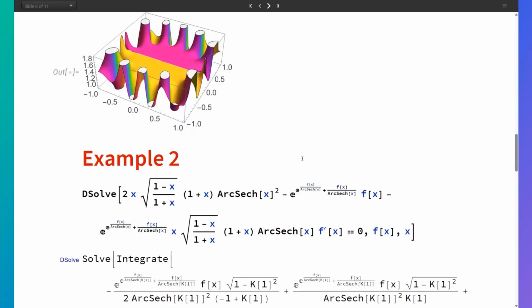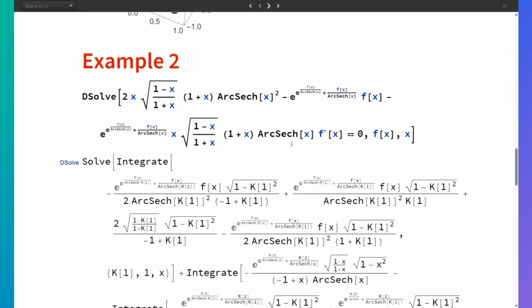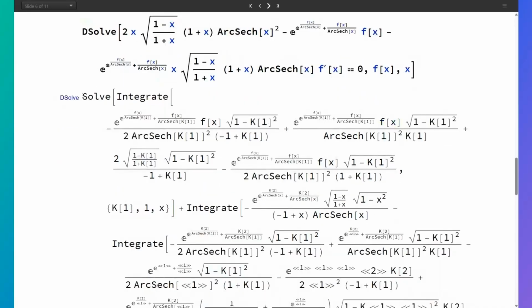And in example 2, we have a nonlinear first-order differential equation for which DSolve returns a really bad solution in version 14.3. As you can see, we have an implicit solution here which contains a Solve object, and also there are several unevaluated integrals in this solution.